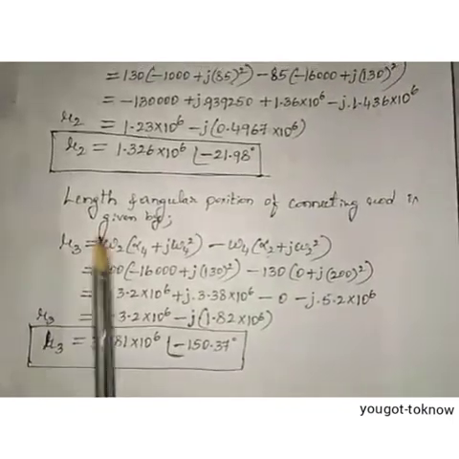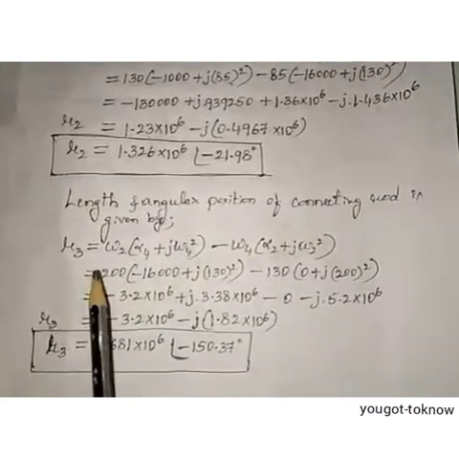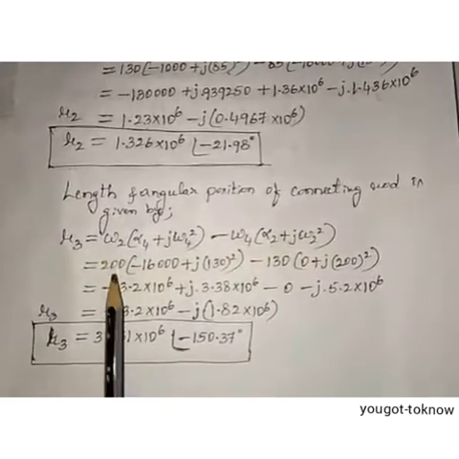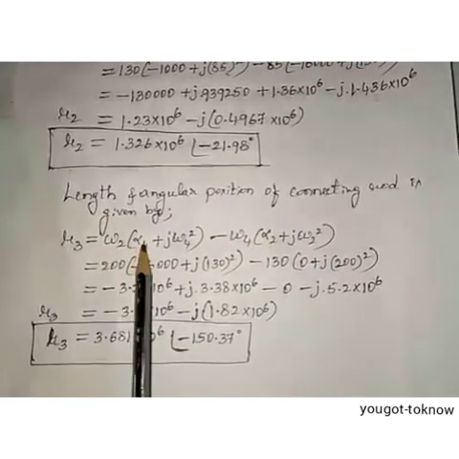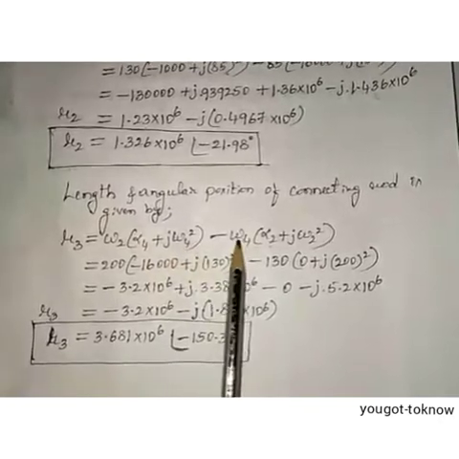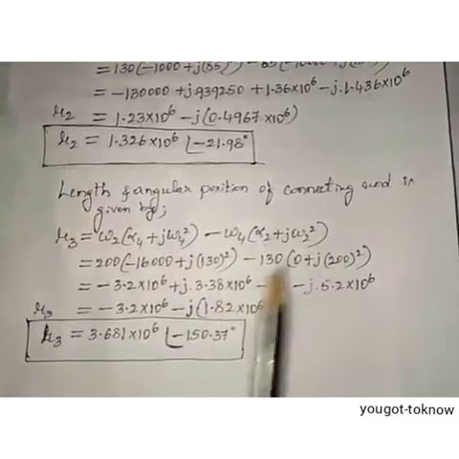Similarly, to determine the length and angular position of the connecting rod, we know the R3 equation. In this, substitute omega 2 value, alpha 4, omega 4, omega 4, alpha 2, omega 2 values.